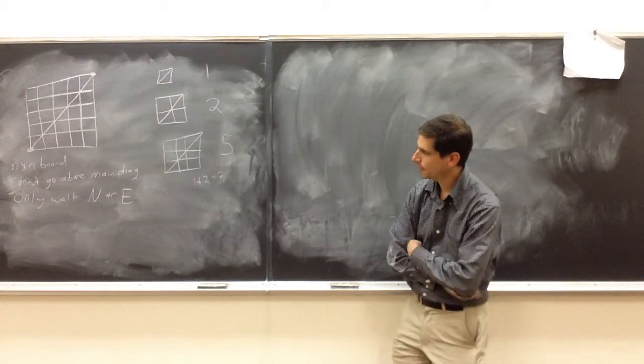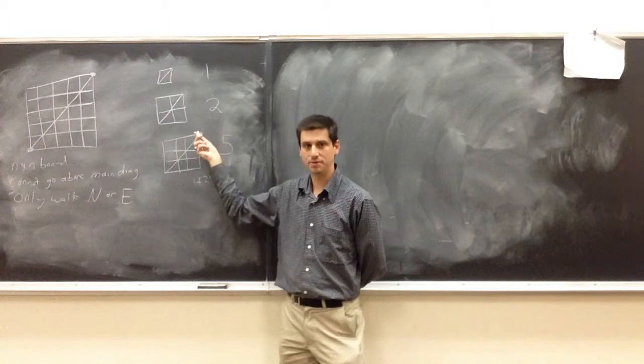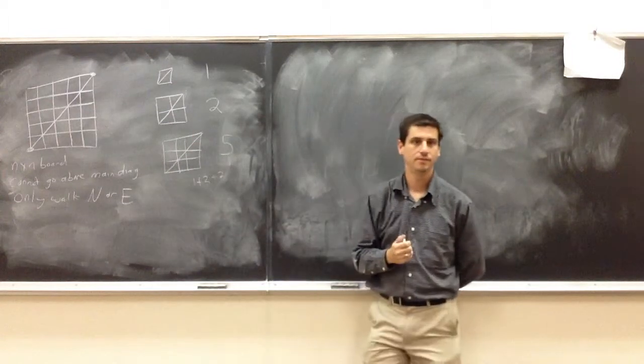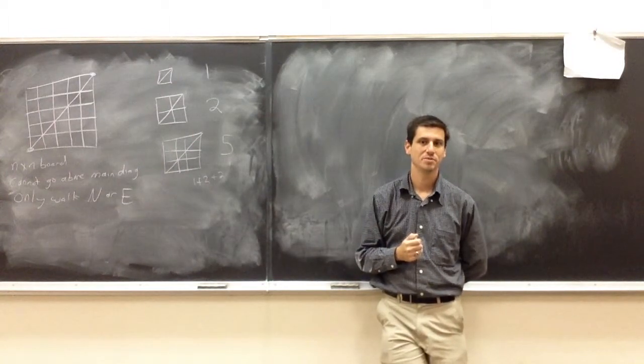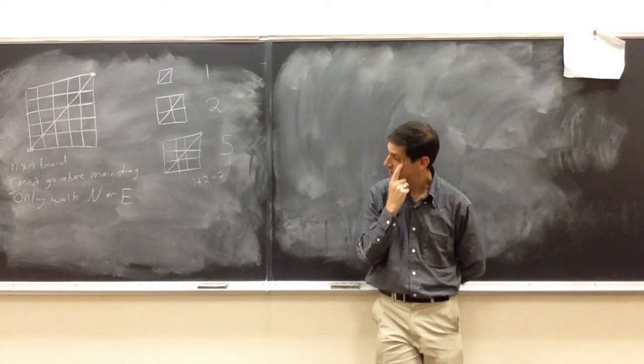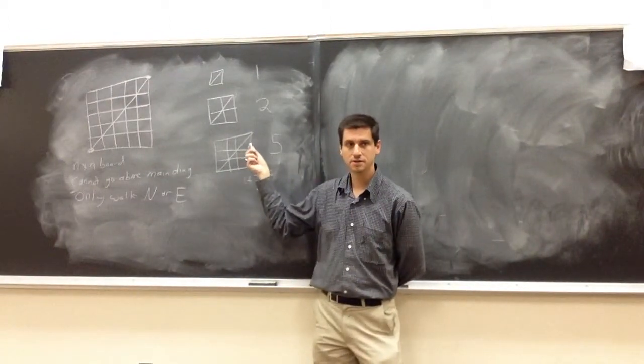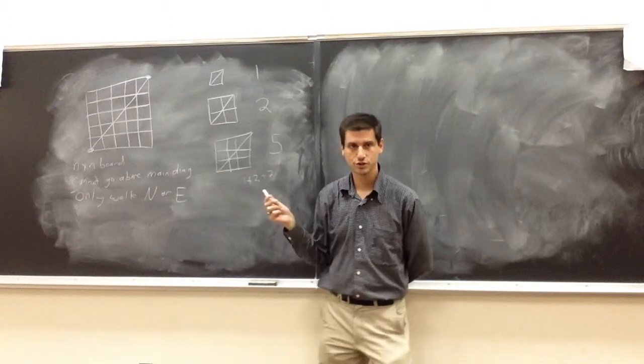At least one. What if I take the path where I go all the way over and all the way up? That's a new path that you can't get. That's a new path I can't get. Okay. And then otherwise, you're very close.